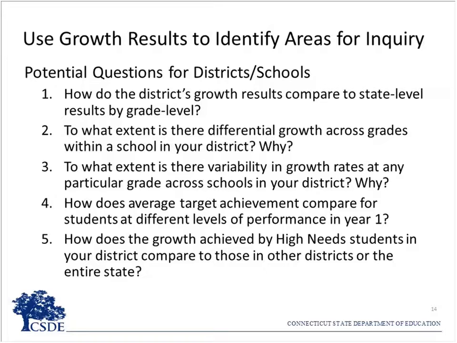This was provided through PSIS for download, and that will enable you to answer this question: how are students at different starting points in your schools growing? Are students at lower performing levels also growing compared to students at higher performing levels? Those are the kinds of questions you can dig into at your own district and school level, and again, look at variability across schools, across grades.